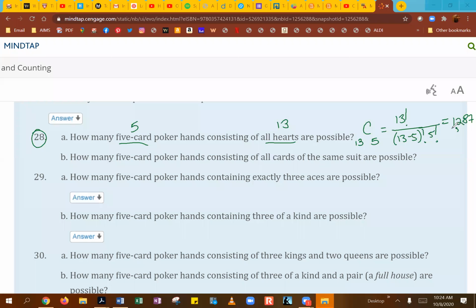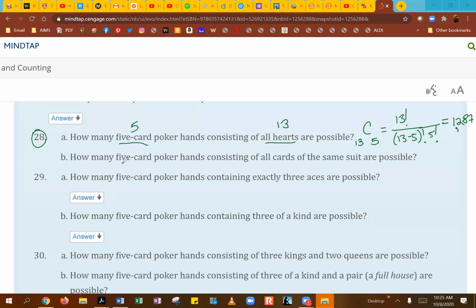Alrighty, Molly, very good. Lisbeth, alrighty. Okay, so you can see there are basically 1,287 different ways that we could end up getting a 5 card poker hand where all of them are hearts.